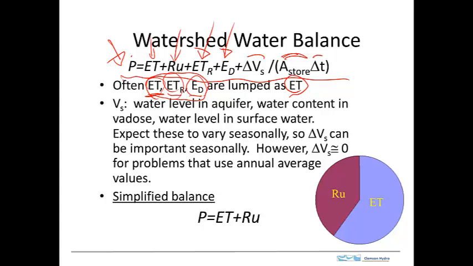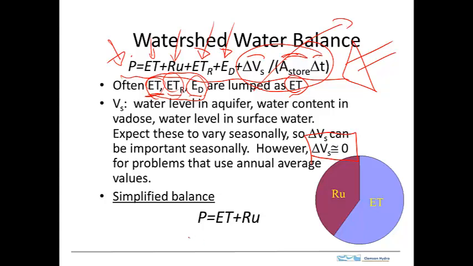Okay, but if we were thinking about simplifying this, we could say, let's just take a seasonal average, and on average, we might expect that the volume is not changing. So if we take this balance equation and the long-term average, and we're just interested in steady state conditions for now, then that's going to be equal to 0.